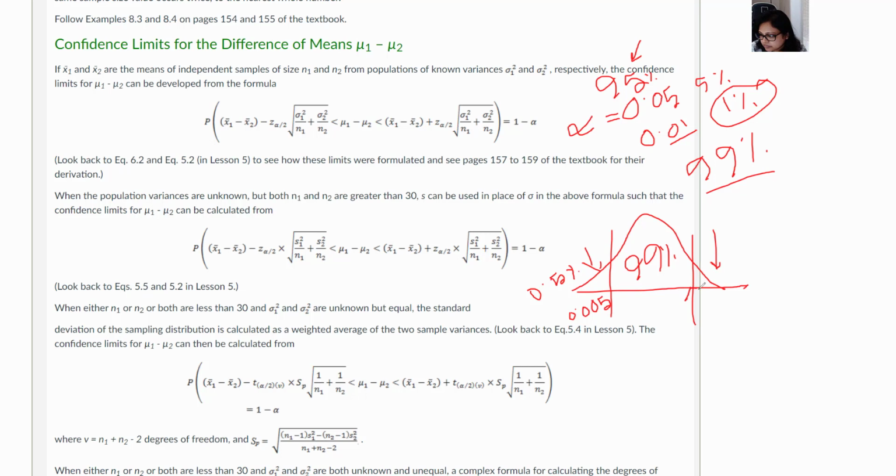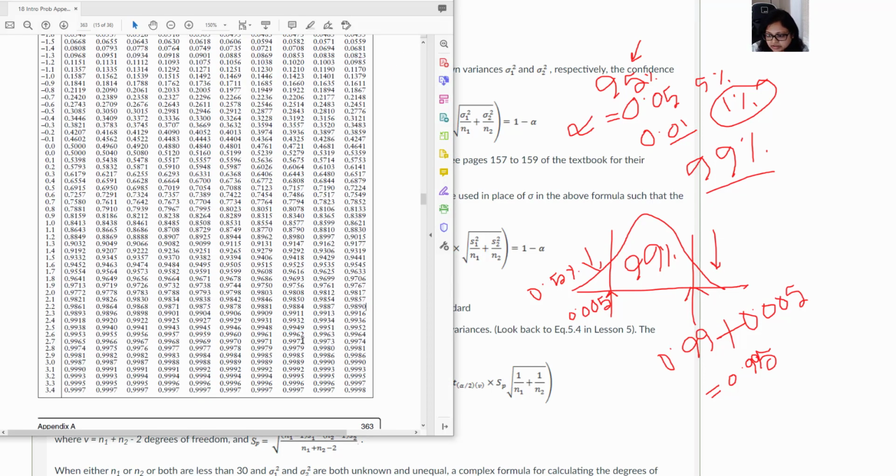So this critical region will be 0.99 plus 0.005. That means this one is 0.005 and this one is 0.995. All we need to do is go to the Z table. In the Z table, let's find 0.995.